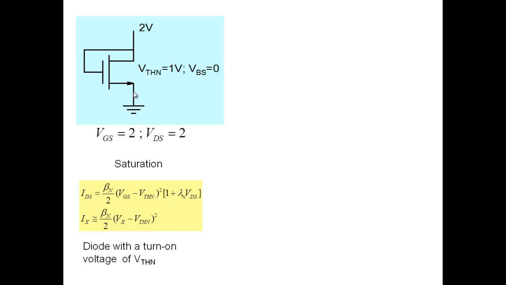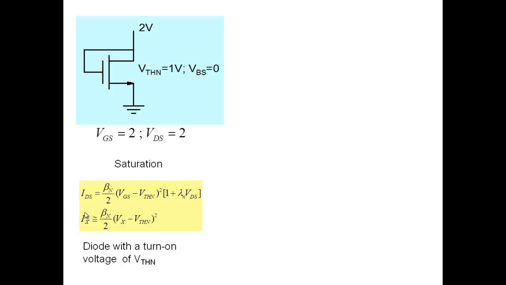The MOSFET is actually operating like a diode. You can think of it not like your PN junction diode, but like a diode. Why? Because for Vx greater than VTHn, above threshold, of course, you have conduction and it goes as a square. For Vx less than VTHn, the current is going to be small. So you can think of this as a diode, and we talked about how diodes have a turn-on voltage.